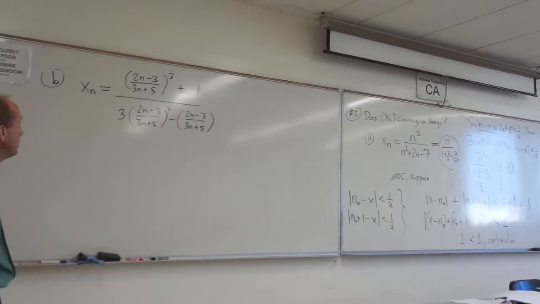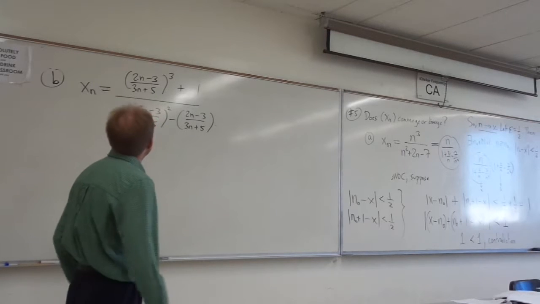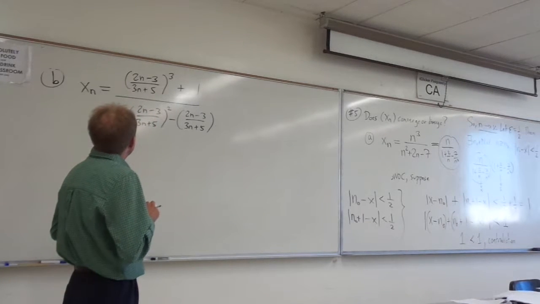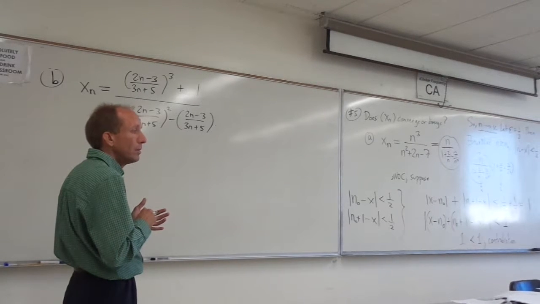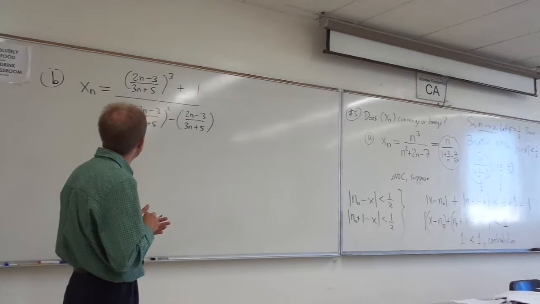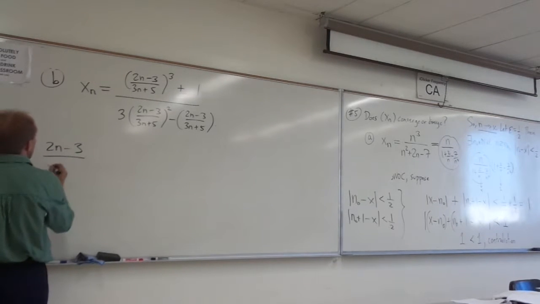Substitute? Substitute, what do you mean? There's a lot of 2n minus 3 over 3n plus 5. Can we do the first part of the top divided by everything in the bottom, plus 1?